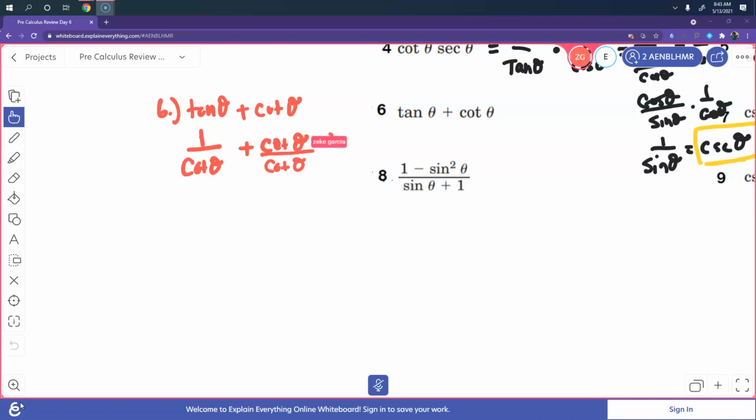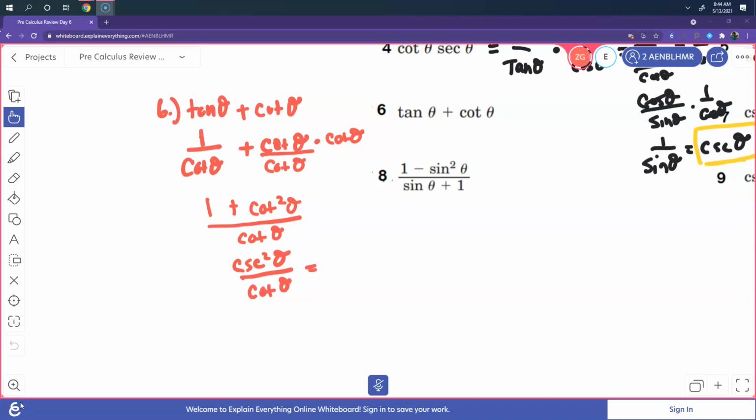So the numerator, I got to multiply by cotangent theta. So I have 1 plus cotangent theta times cotangent theta, cotangent squared theta, over cotangent theta. So 1 plus cotangent squared theta is cosecant squared theta over cotangent theta.